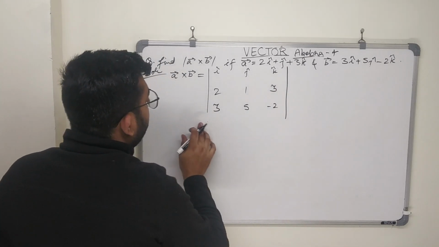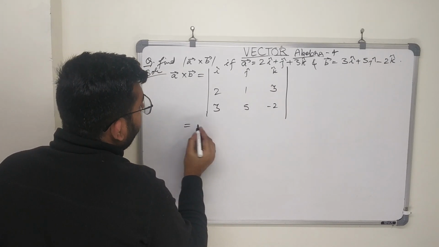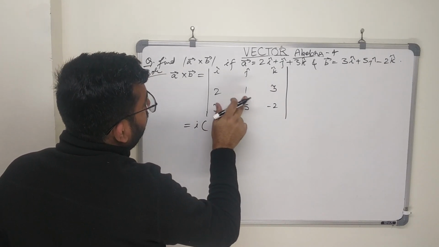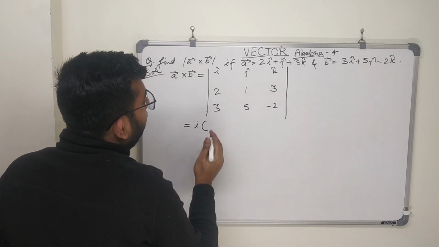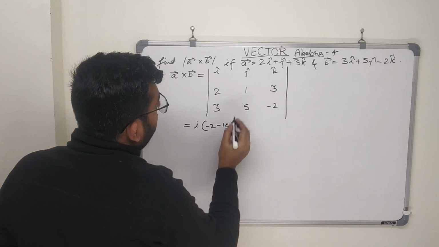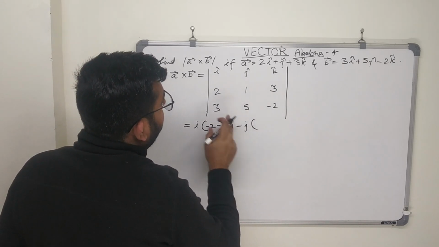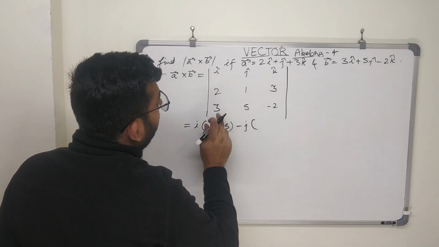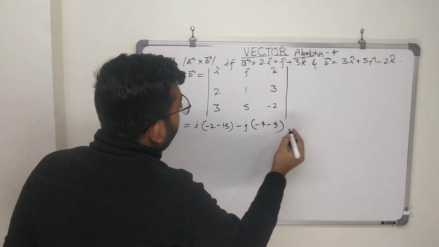Now find the determinant: i cap into 1 into minus 2 minus 3 into 5, that is minus 2 minus 15, minus sign with j cap, and then 2 into minus 2 minus 3 into 3, that is minus 4 minus 9.